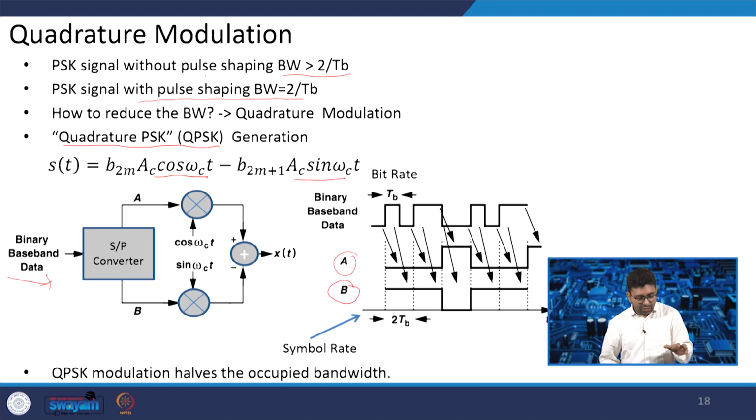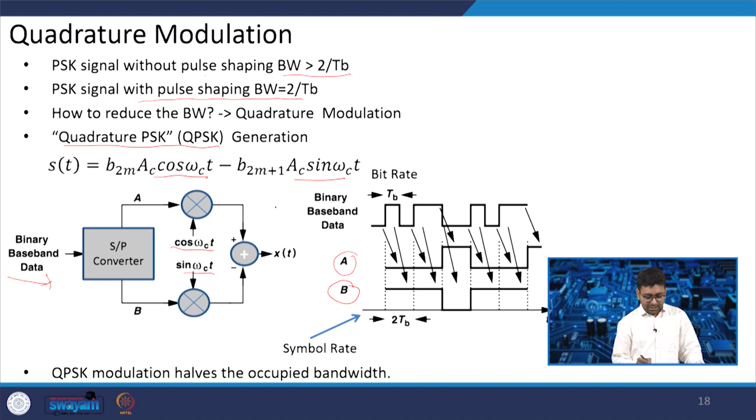Why is it called quadrature modulation? Because here we are using a combination of cosine and sine functions, and because of this combination it is called quadrature modulation. The only difference is that we have converted the data to A and B streams, each divided by half, and then added again.